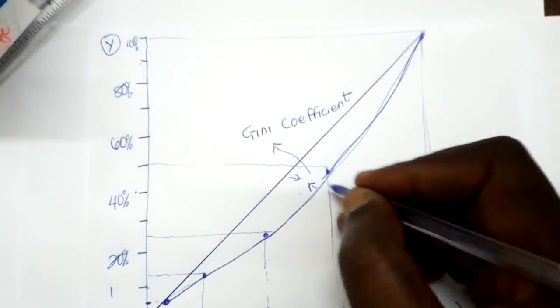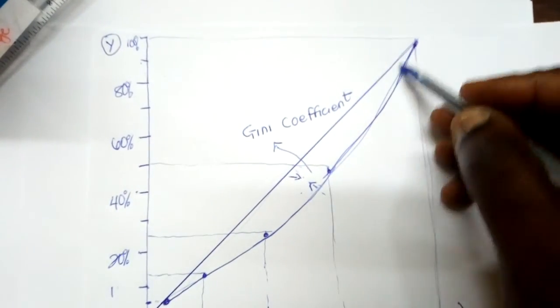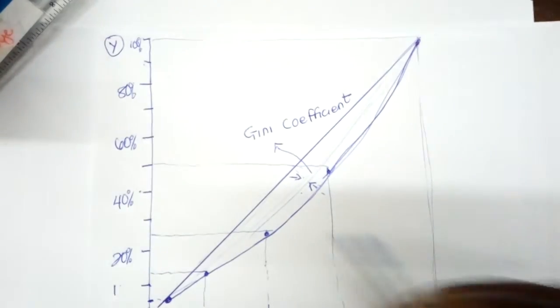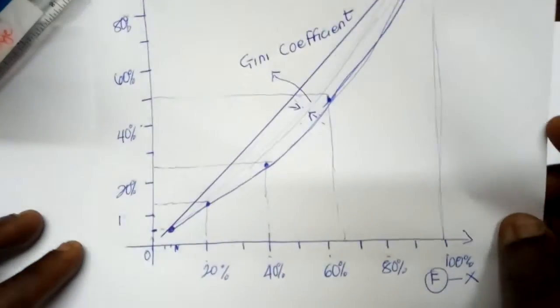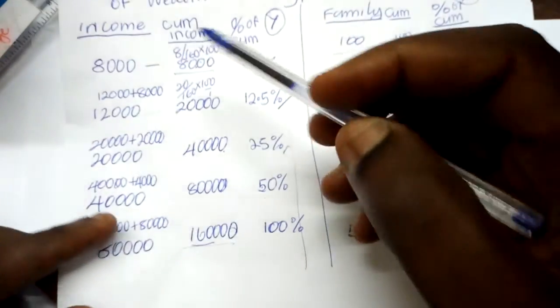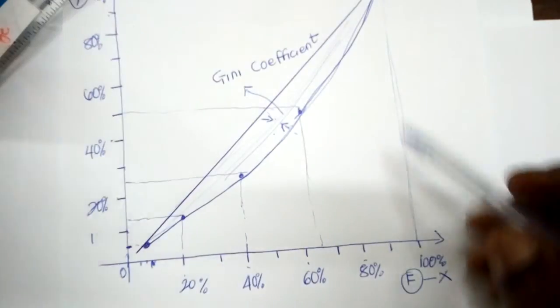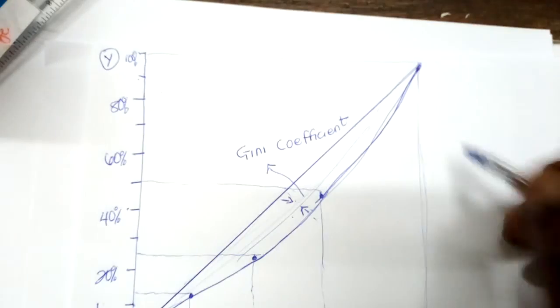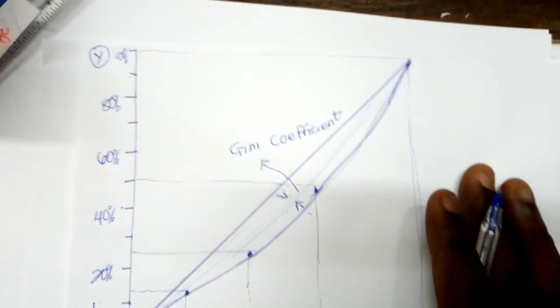It will show the inequalities in the income within the family. So this is a Lorenz curve, and this is how to prepare your Lorenz curve.